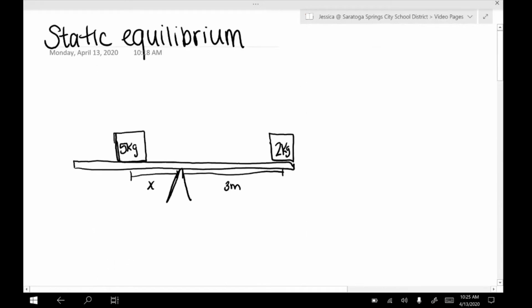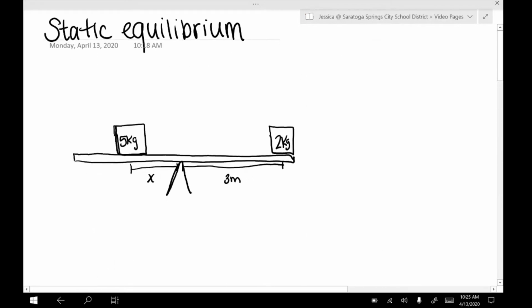So the best way to teach you guys about static equilibrium is to go through some practice problems. The definition of static equilibrium means that first, the system is at rest. So our translational velocity is 0 and our rotational velocity is 0.